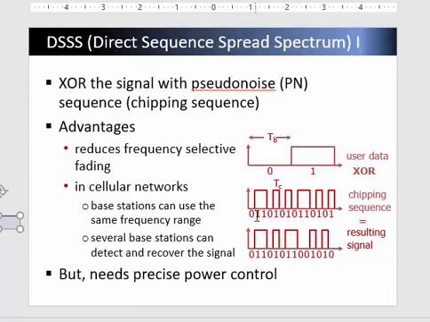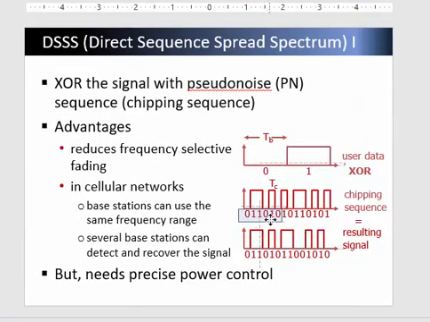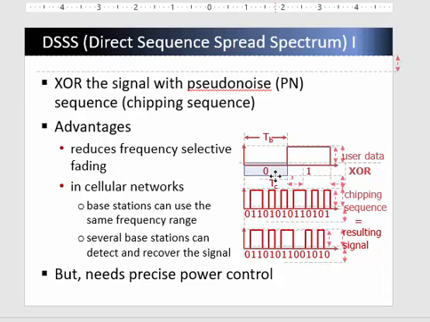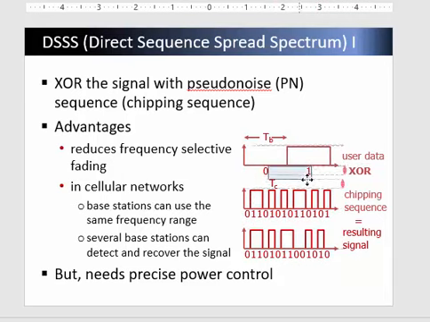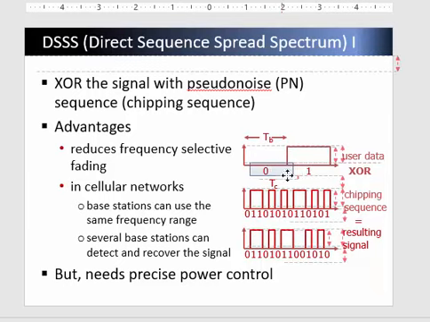The size of this chip sequence is, as you can see, 1, 2, 3, 4, 5, 6, 7 bits, and another 7 bits. But the data we have is 1 bit of each, so we have a total of 2 bits.